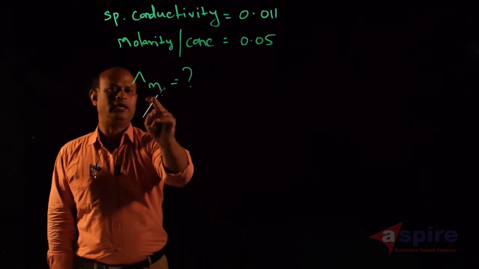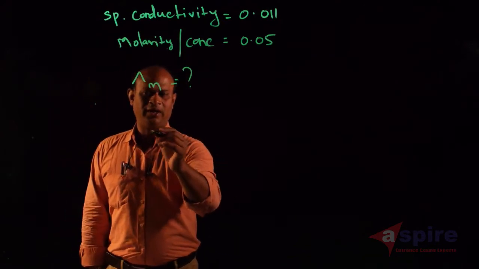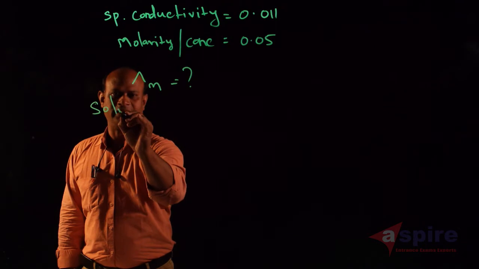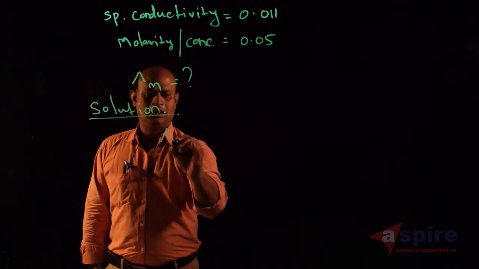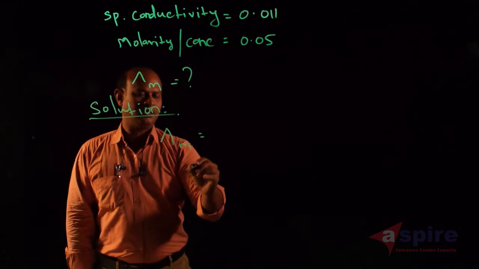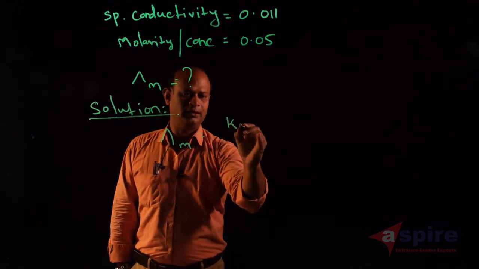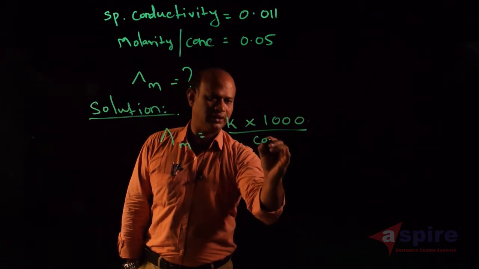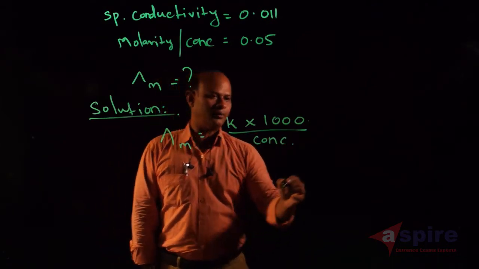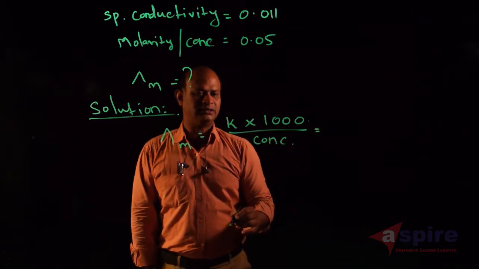We are going to find out delta M. The formula to find out the conductivity is delta M equal to K into 1000 divided by concentration. So now I am going to substitute the values as such.